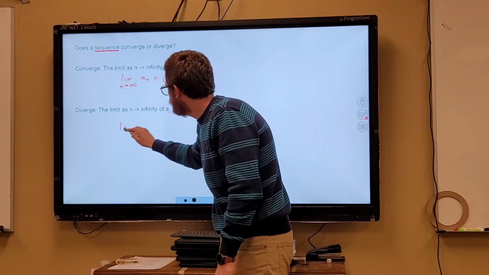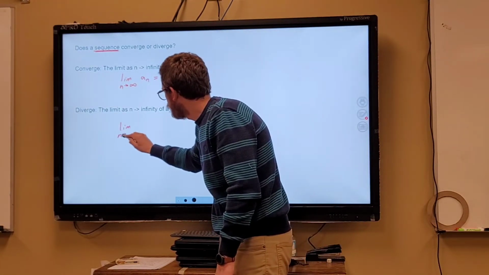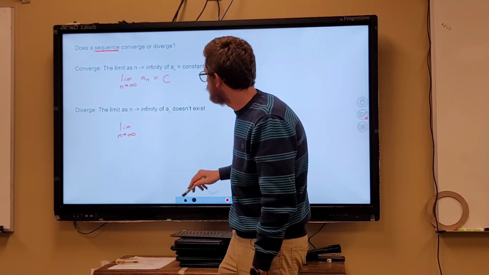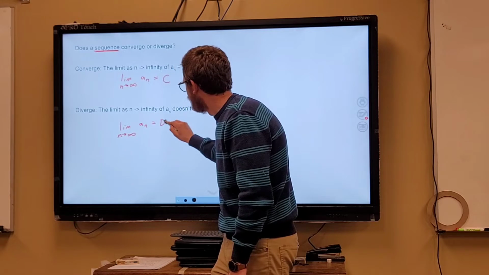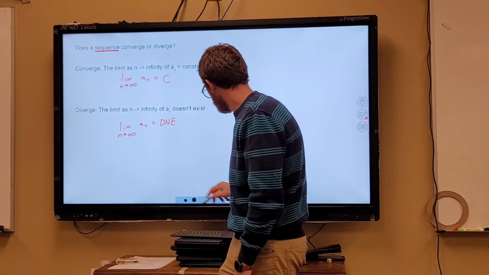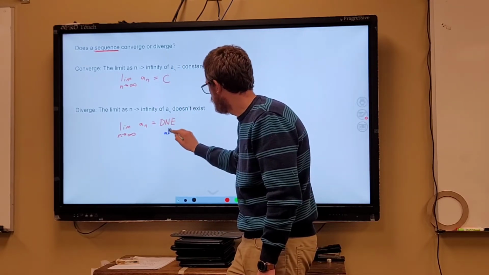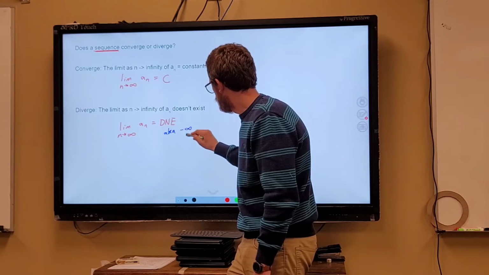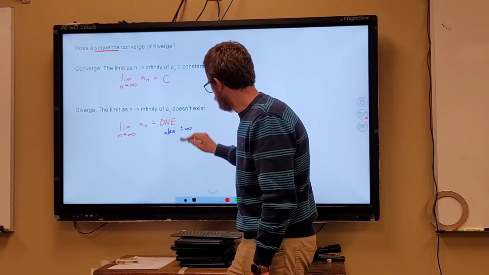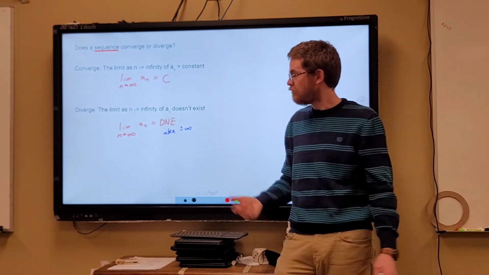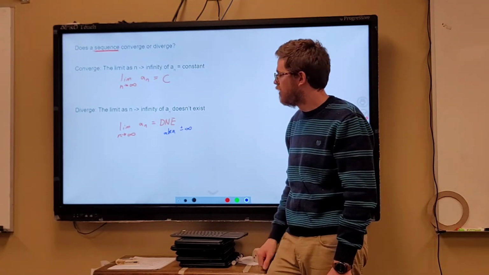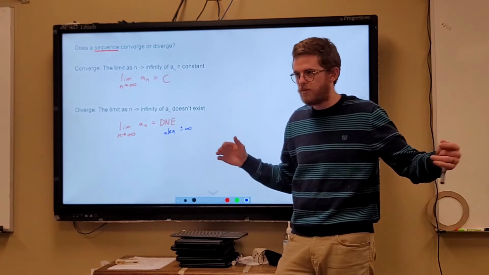But if our limit as our term approaches infinity of a of n doesn't exist, like if it goes to infinity, then it diverges.